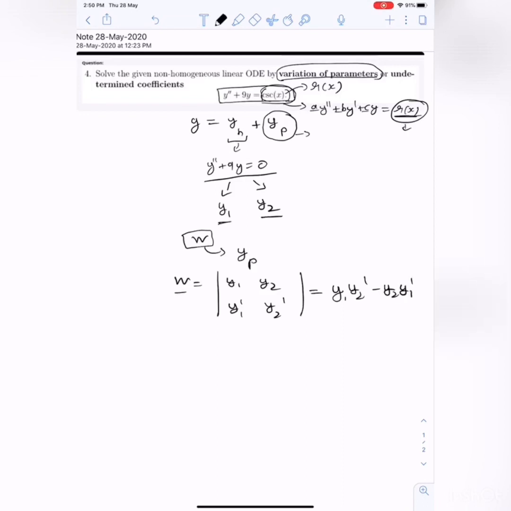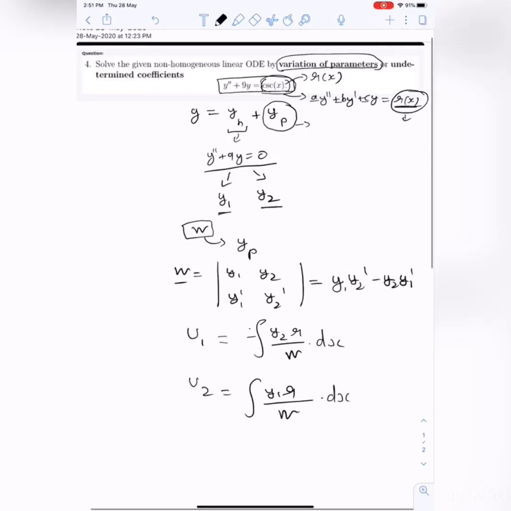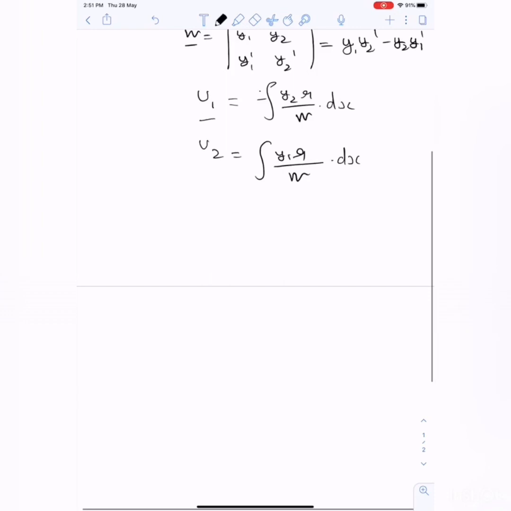We'll use this Wronskian to find two other values, u1 and u2, where u1 would be the negative integral of y2 r over w dx, and u2 would be just the integral of y1 r over w dx. After finding u1 and u2, our yp would be u1 y1 plus u2 y2.